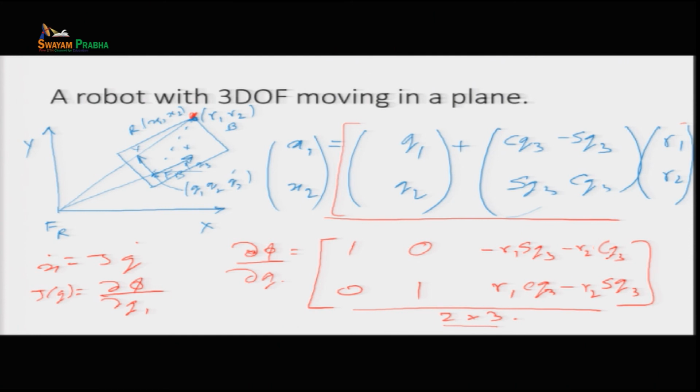You will not be getting a unique 1 to 1 solution here. This is an example which shows that this has 3 variables and this is only 2, x and y. If you are going in the forward direction, then this is my equation, and if you go in the inverse direction, you will end up getting multiple solutions. This is actually showing us the concept of homeomorphism and diffeomorphism.